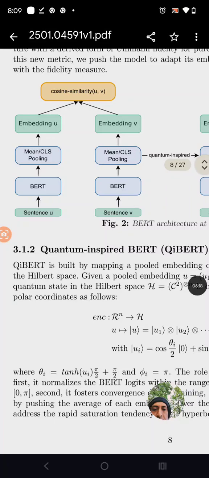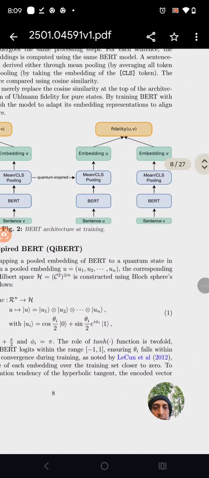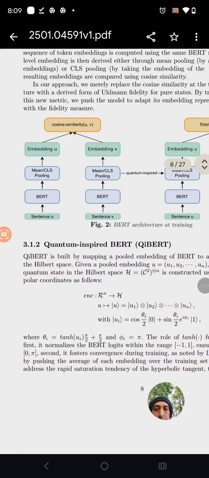So the qubit state is built by mapping a pooled embedding of BART to a quantum state in the Hilbert space.